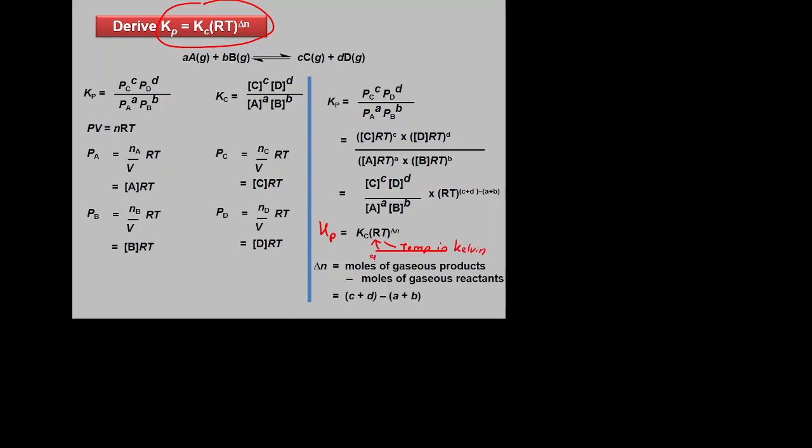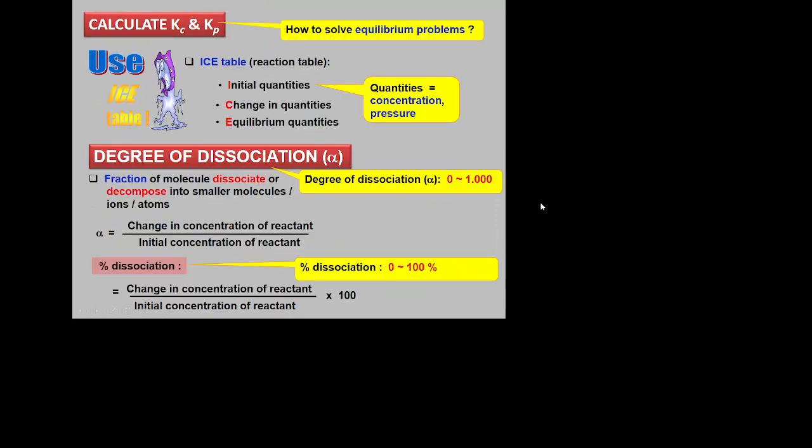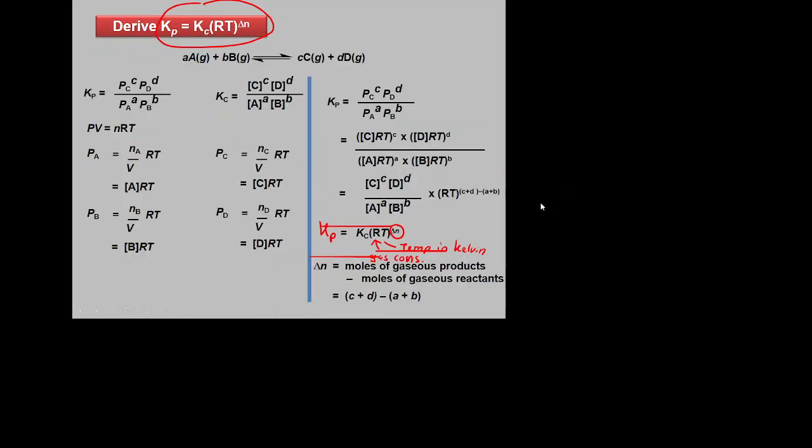And R is gas constant kan tadi. Apa jadilah ni? Okay, and delta N, I need to fix my drawing pad. So delta N is the mole of gaseous product minus mole of gaseous reactant.